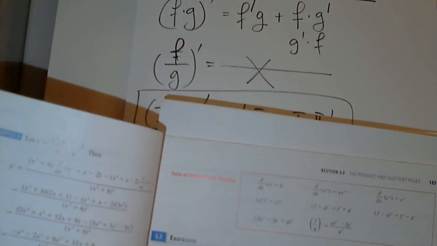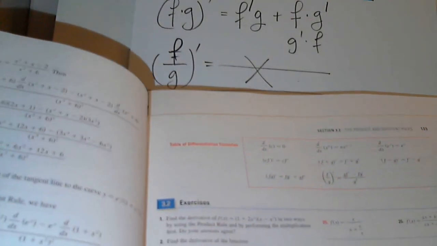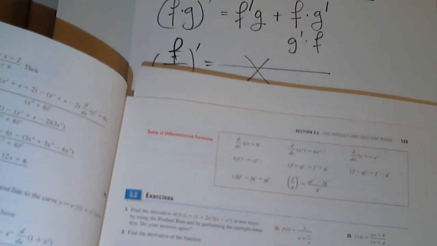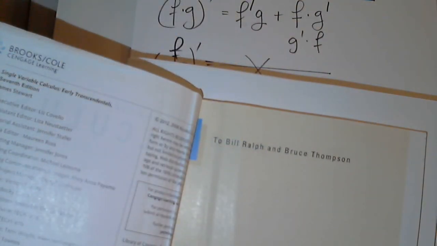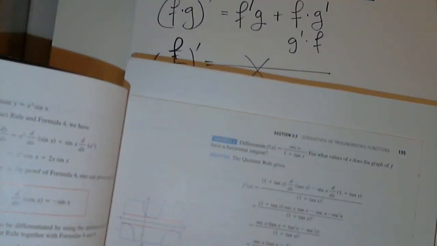See the way they present it in your text. They start even the quotient. So see, first, second, second, first. So they're not only twisting it.